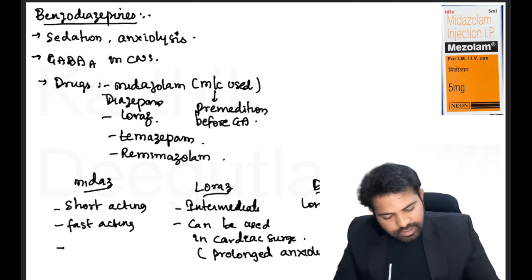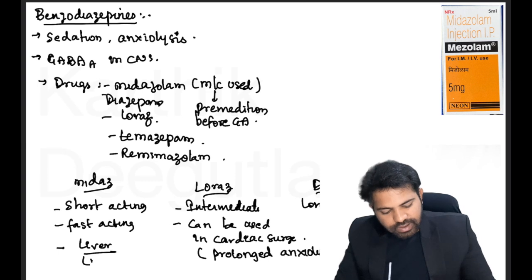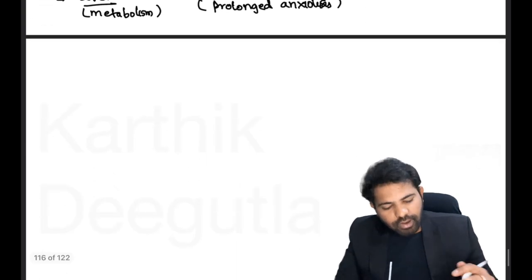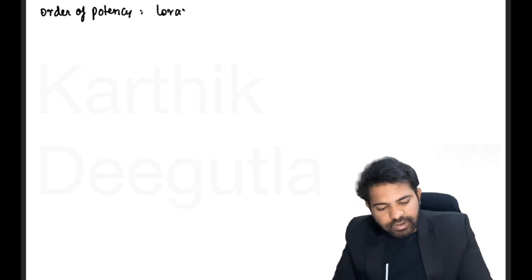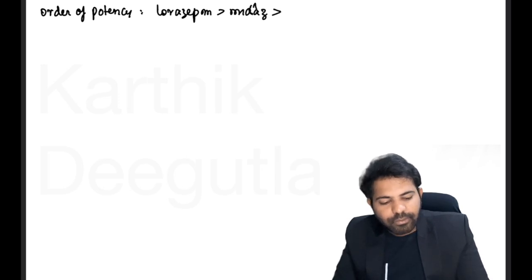Clear? Then where are these drugs metabolized? They are metabolized in the liver. Next, what is the order of potency of these drugs? Lorazepam is more potent than midazolam, which is more potent than diazepam.